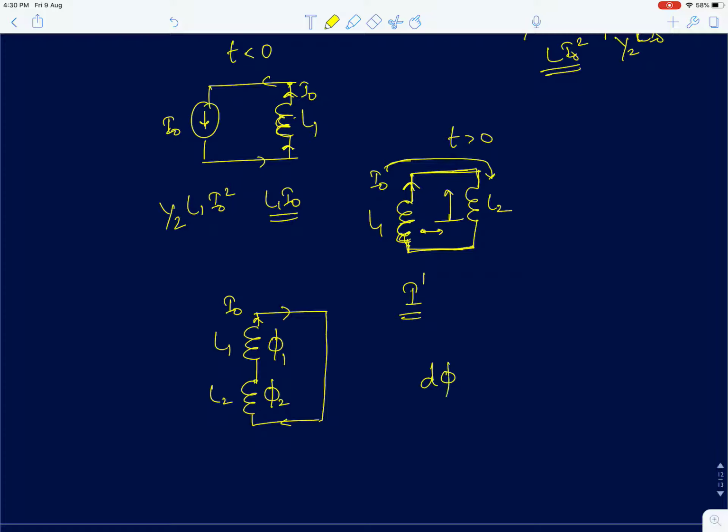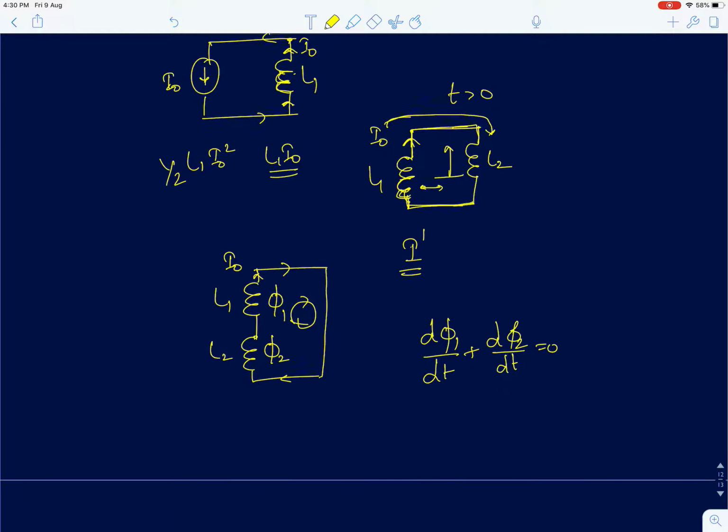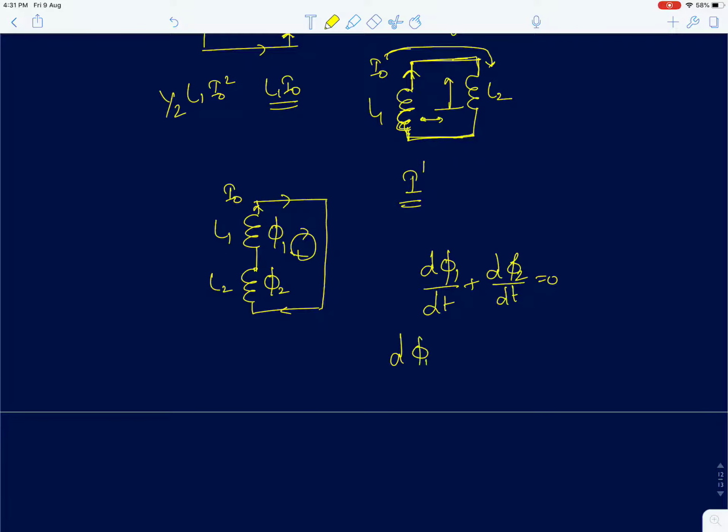Then from KVL in this loop, d phi1 by dt plus d phi2 by dt should be equal to 0. So this is nothing but d of phi1 plus phi2 by dt equals 0, or d phi t by dt is 0, which means the total flux associated with both the inductors does not change with time. The rate of change of it is 0.